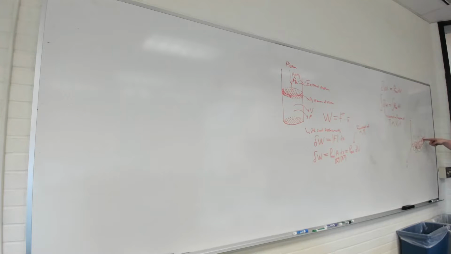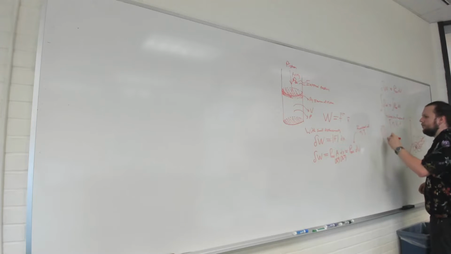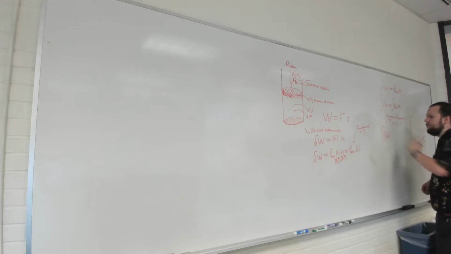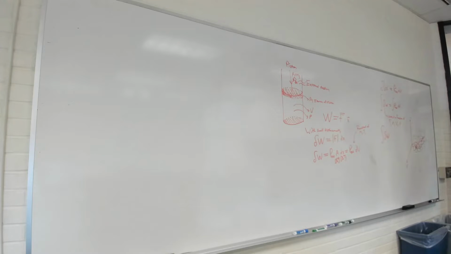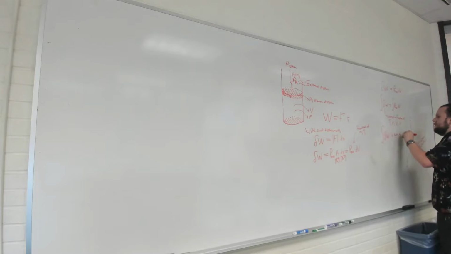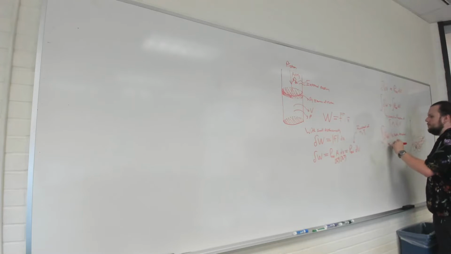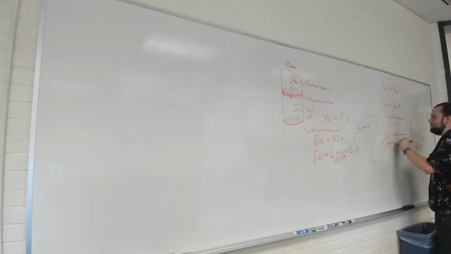And so in order to be able to integrate work, I have to know which path I take. So what I should say is that the integral of the change in work, which would be the total work being done, is path dependent. Because work is a multivariable function.